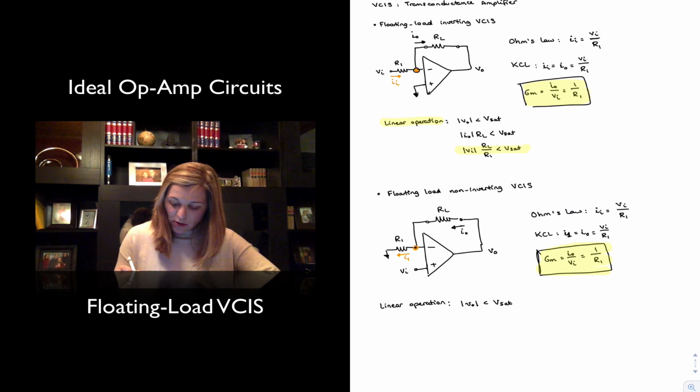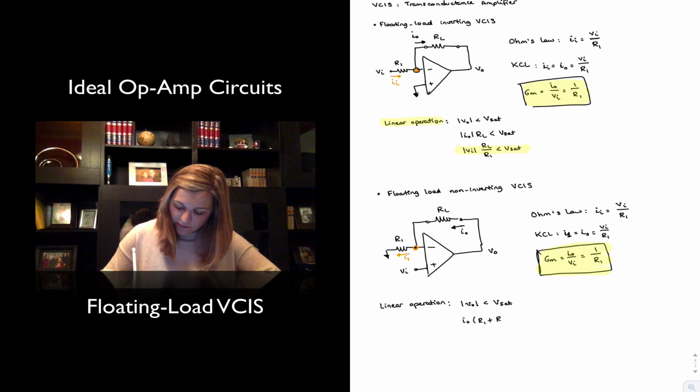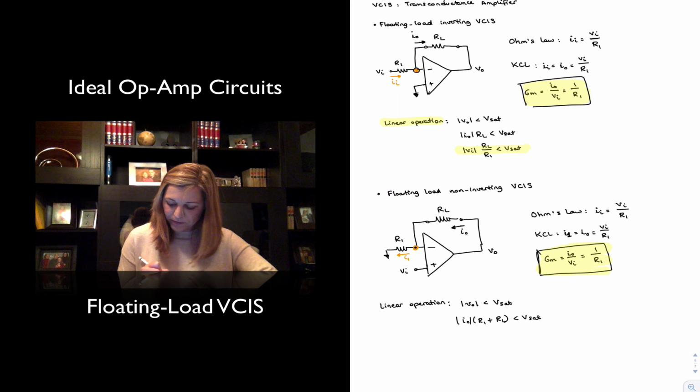And the V out we can see in this case is going to be equal to I out times R1 plus RL. That must be less than the saturation voltage. And I out, again, I can relate to my V in through the equation that I came up with earlier.